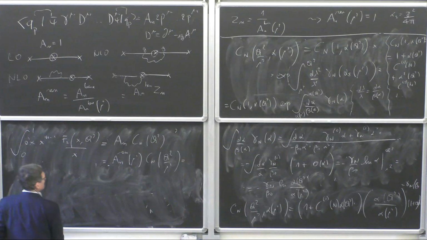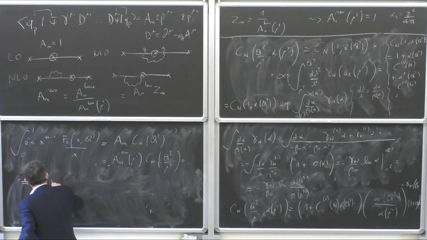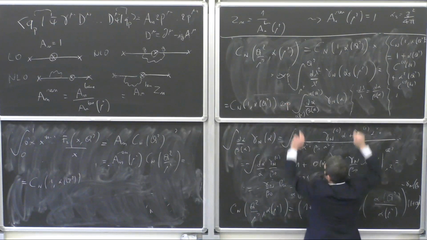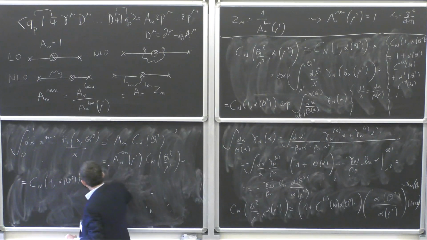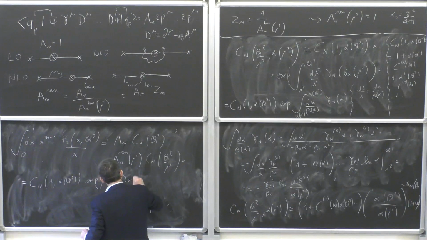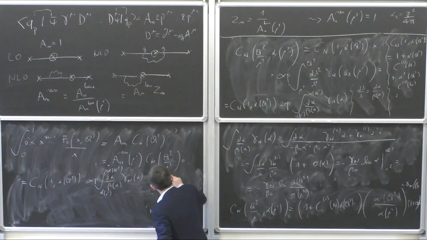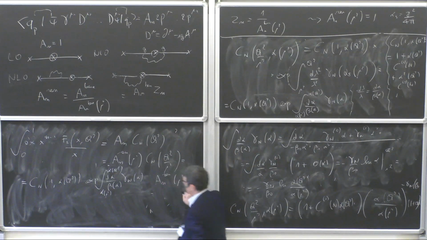Now we found a solution, which consists of writing this as Cn of 1, alpha of q square. Then we have this evolution factor, exponential of the integral of d alpha over beta of alpha, gamma n of alpha, from alpha of mu square to alpha of q square. And then we have an renormalized function of mu square.